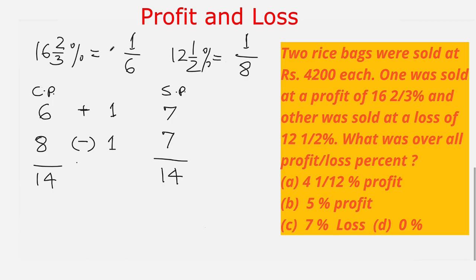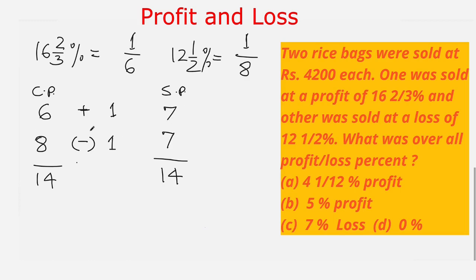If 1/6 means that if the cost price is 6, it is sold at a profit of 1 on every 6. It means that when the CP is 6 and there's a profit of 1, then SP becomes 7. This is the shortcut.